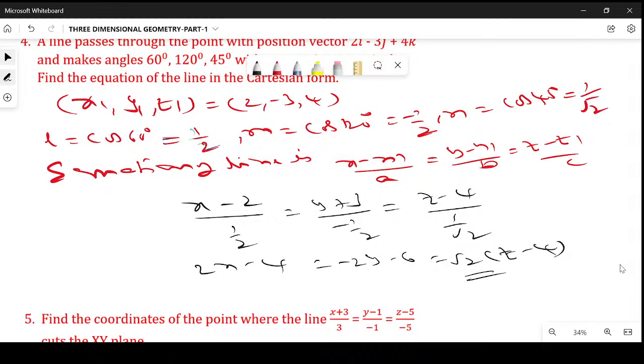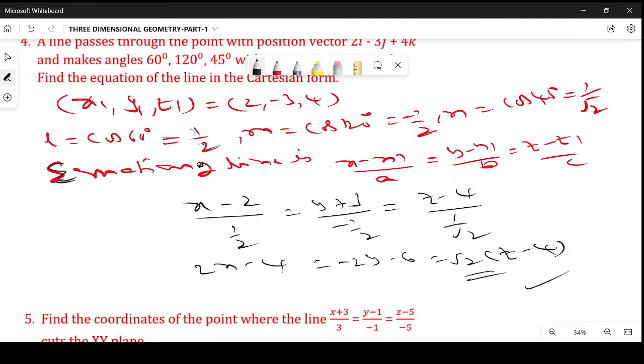That is a simple thing. I have written the formula, replaced the values, so we get the answer.